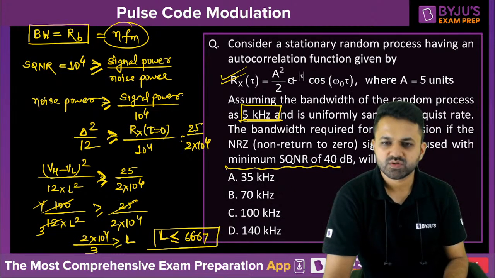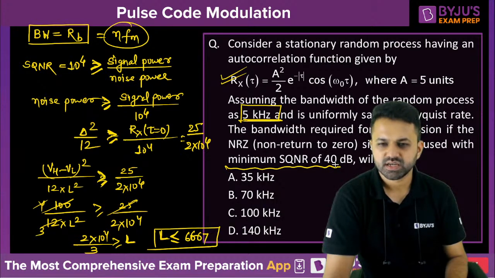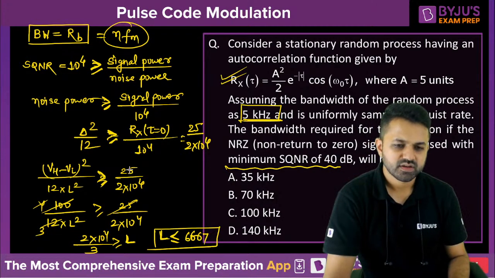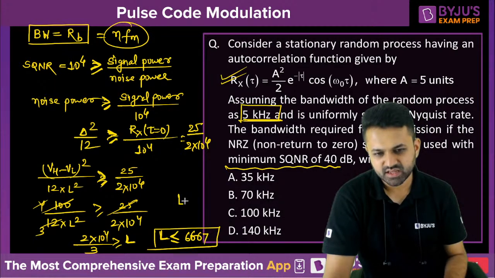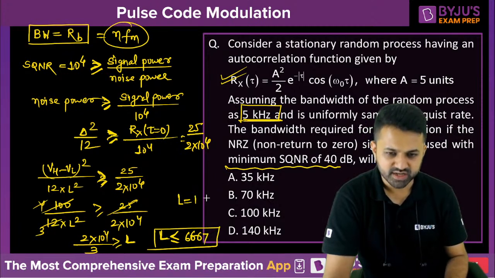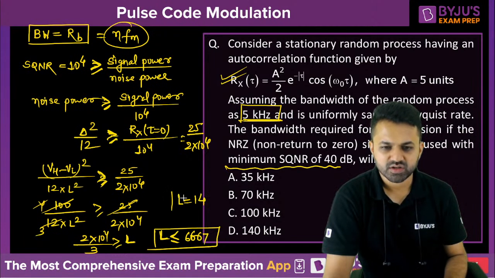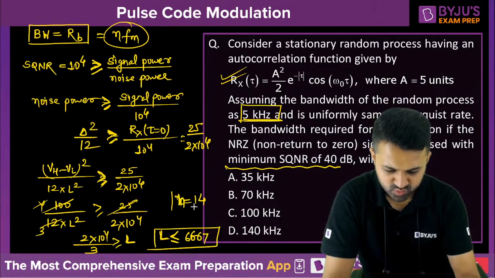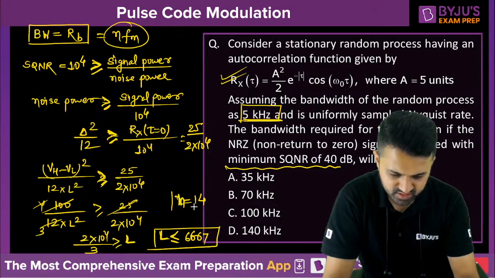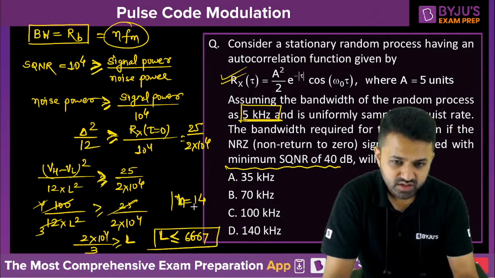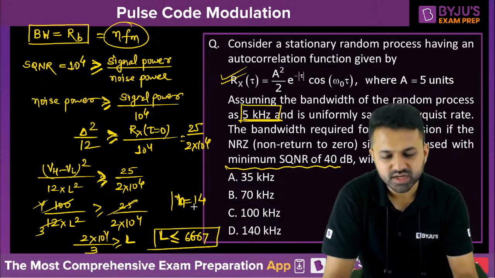And tau equal to 0, that is 25 by 2, and this signal to noise ratio is 10 to the power 4. Correct. So up to this point it is looking right, and this is 2 into 10 to the power 4 divided by 3. So from here, the number of levels should be minimum of how much? 14. The number of bits required will be 14, because 2 to the power 14 is 16384. Okay. 13 is also looking good.